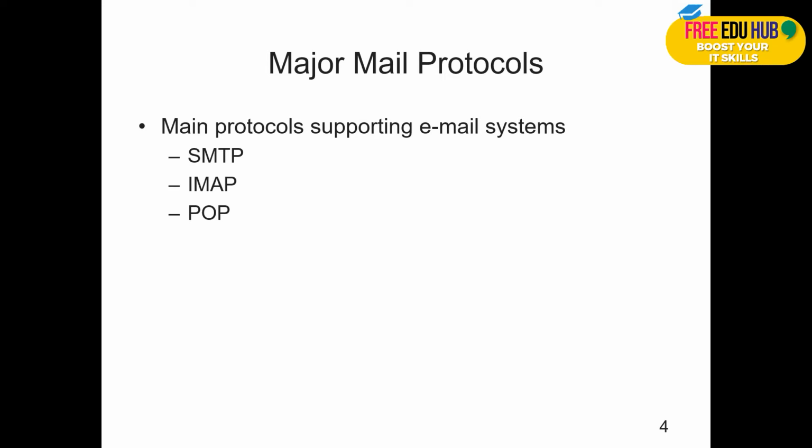If the other party is not up for a specific time period, the email would be returned to the sender with the information that the user is not available or the mailbox of the end user is full. You usually receive this notification. Then we have IMAP and then POP.